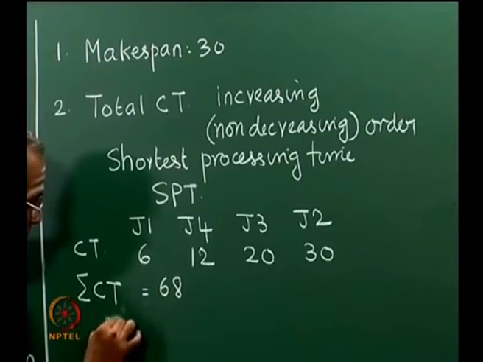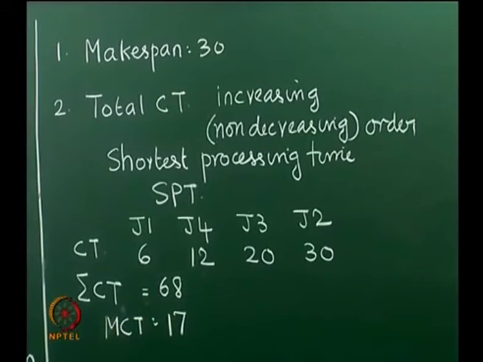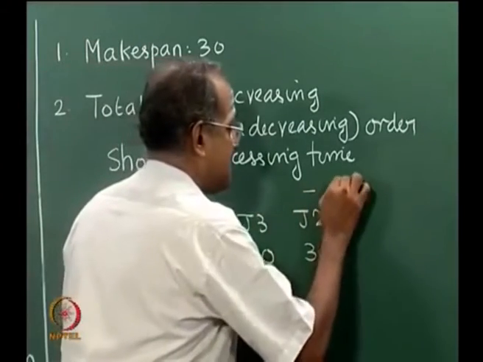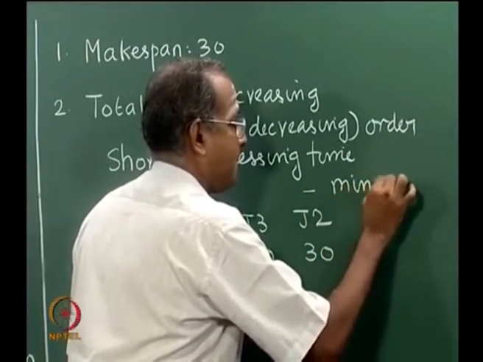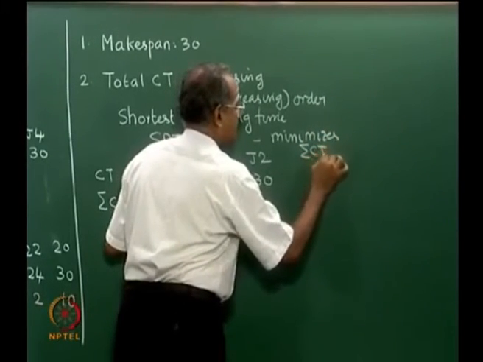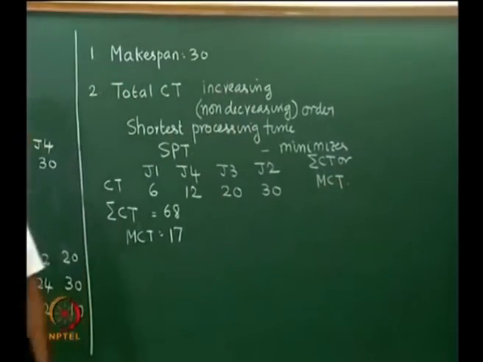and the mean completion time is 17 in this example. The optimum value of mean completion time is 17. So the shortest processing time rule minimizes sigma CT, or MCT, mean completion time.